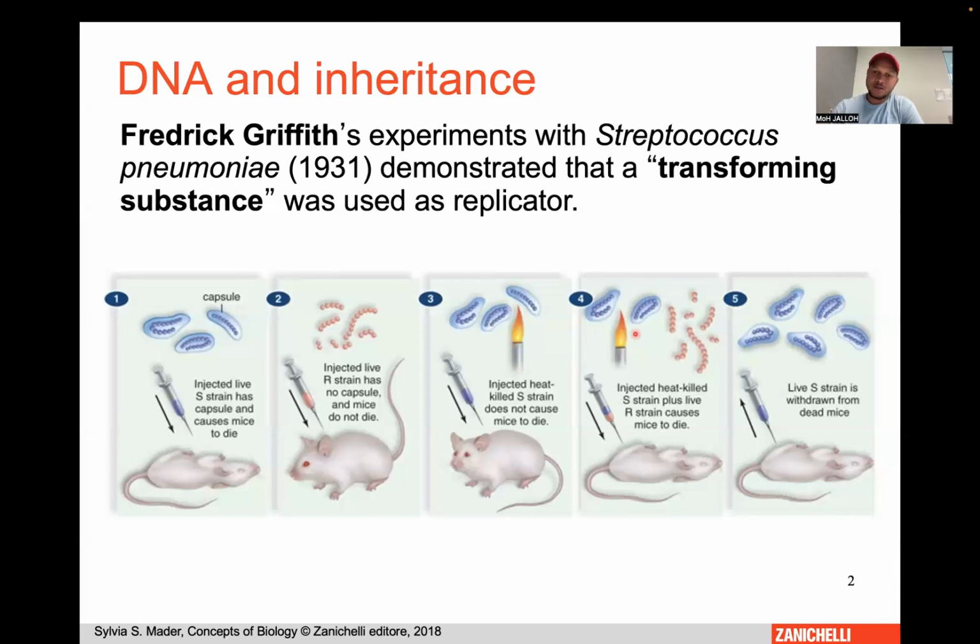Now, in the next experiment, they took the heat killed strain and the rough strain. Remember the rough strain is in this orange or yellow, whatever it is.